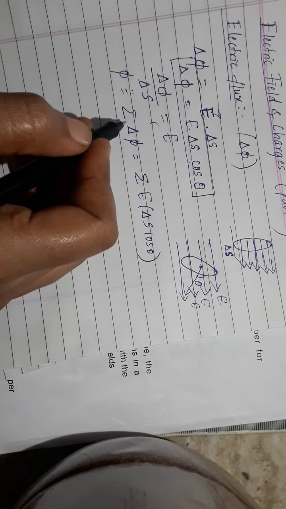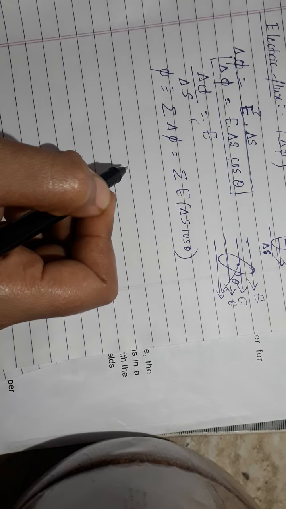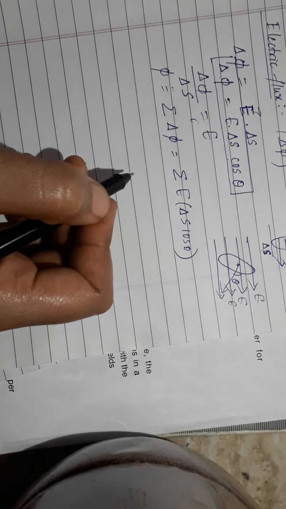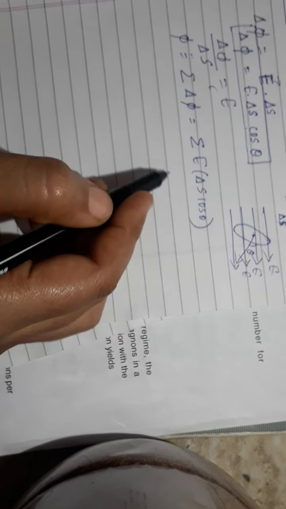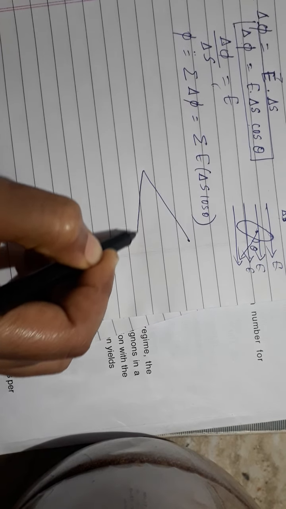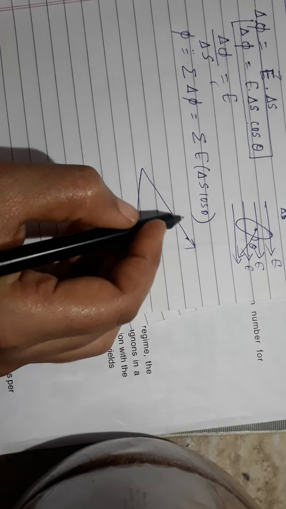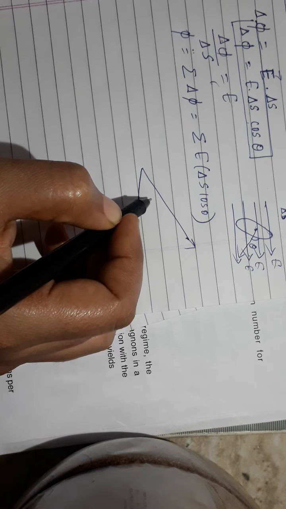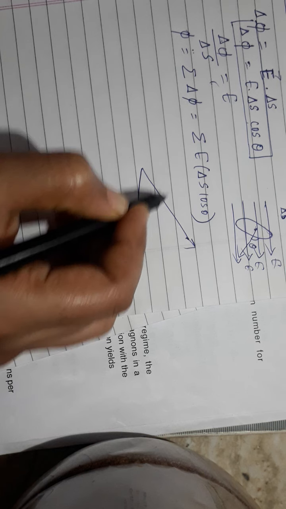Using this electric flux, we can also derive one more formula which is really helpful for our CET questions. They will ask you, consider an imaginary cone. Let us consider a cone, and let P and Q be two points.